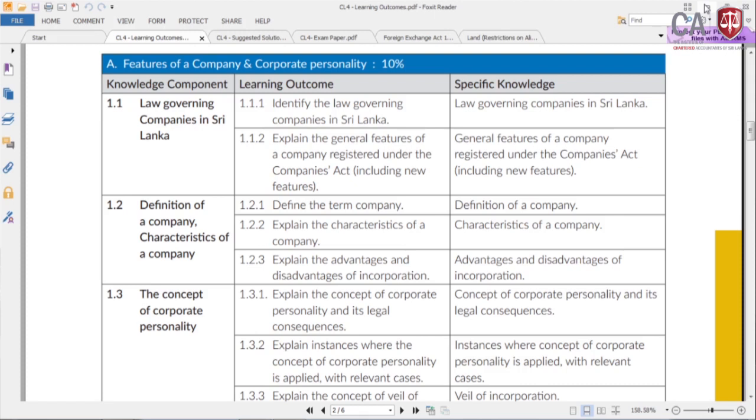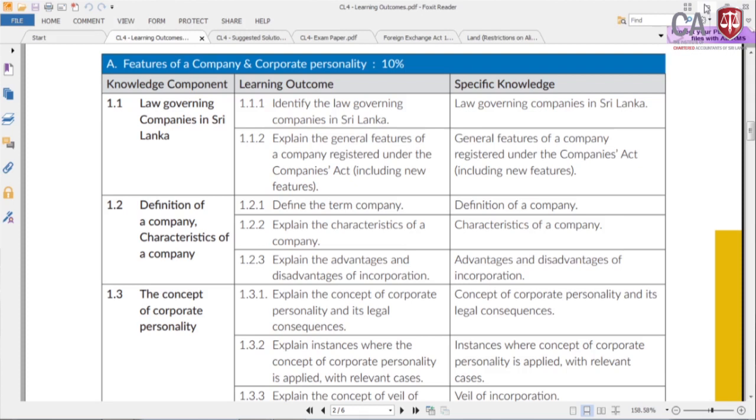And as a learning outcome, you have already obtained the knowledge on explaining the general features of a company registered under the Companies Act, including the new features. And then you have to have specific knowledge of general features of a company registered under the Companies Act, including the new features.